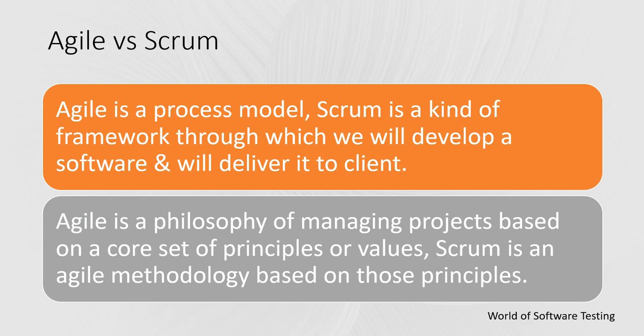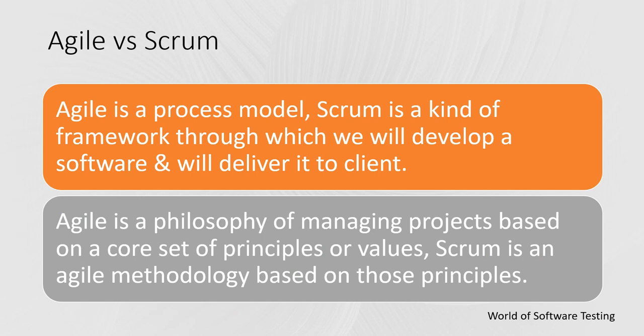There is confusion among most people. They consider Scrum and Agile to be the same, but there is a difference between Agile and Scrum. Agile is a process model, or the SDLC model we can say, and Scrum is a kind of framework through which we develop software and deliver it to the client.